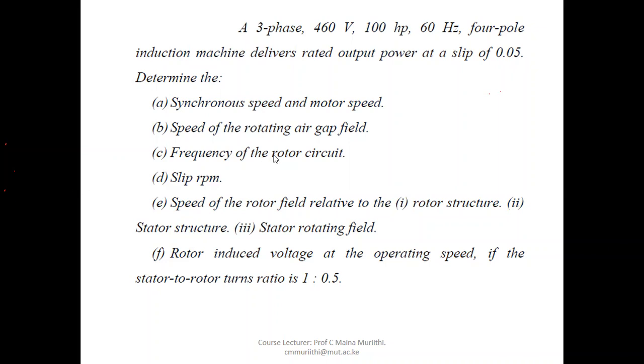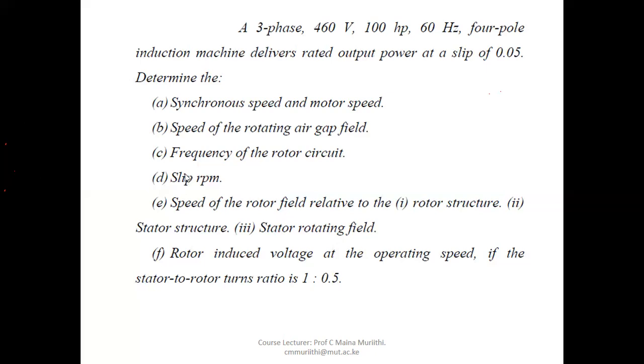Consequently, the frequency of the rotor will be much less than the frequency of the stator side. To get the frequency of the rotor, we multiply the frequency of the stator side times the slip, and that is the relative speed between the two moving parts, the revolving magnetic field and the rotating rotor.